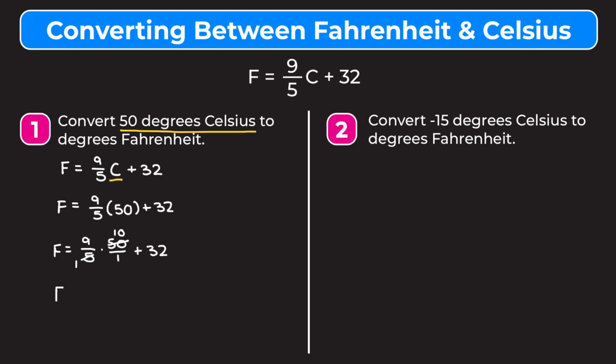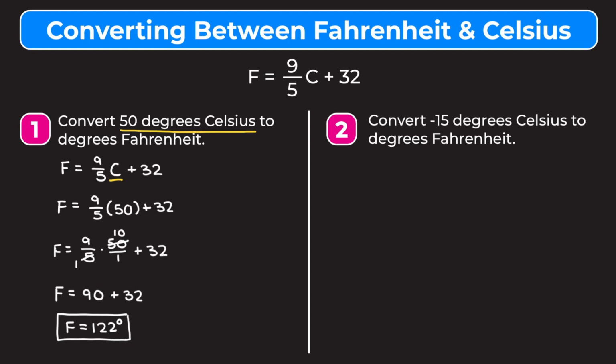And now when I multiply straight across, 9 times 10 is 90. And we have a 1 on the bottom, so we just get 90. Plus 32. And 90 plus 32 is going to give us 122 degrees Fahrenheit. So we get that 50 degrees Celsius is equal to 122 degrees Fahrenheit.